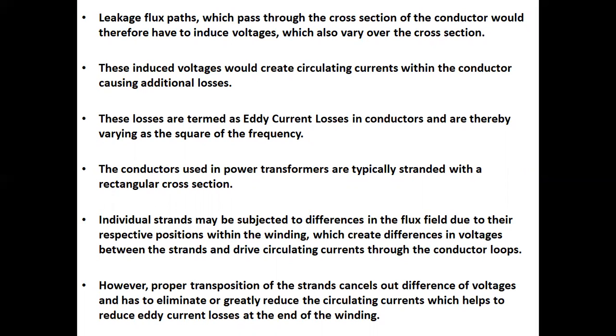However, proper transposition of the strands cancels out the difference of voltages and eliminates or greatly reduces the circulating currents, which helps to reduce eddy current losses at the end of the winding.